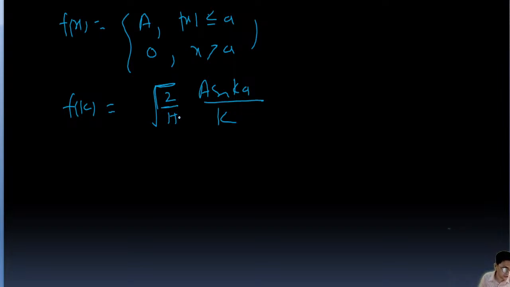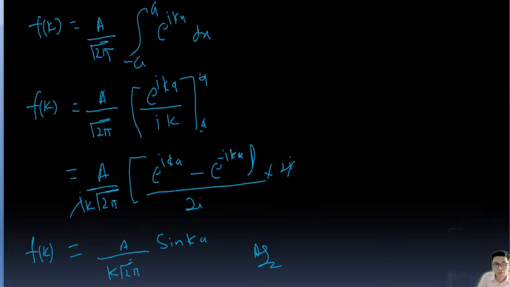So here we have made a mistake, I think. Just give me 1 minute. So here 2 is here and 2 is here as well, right? So this value is going to be a upon k, and that 2 will get cancelled.